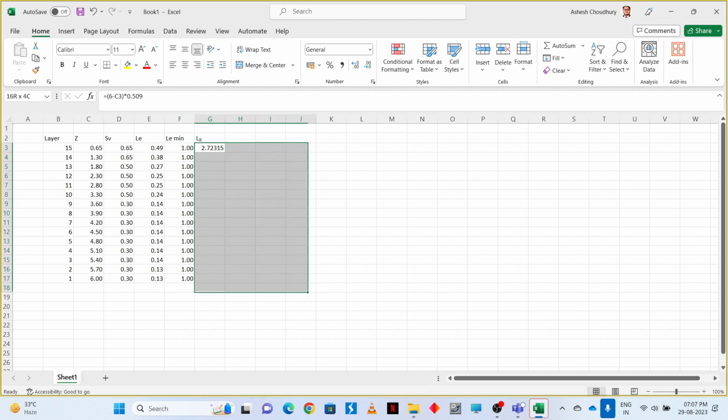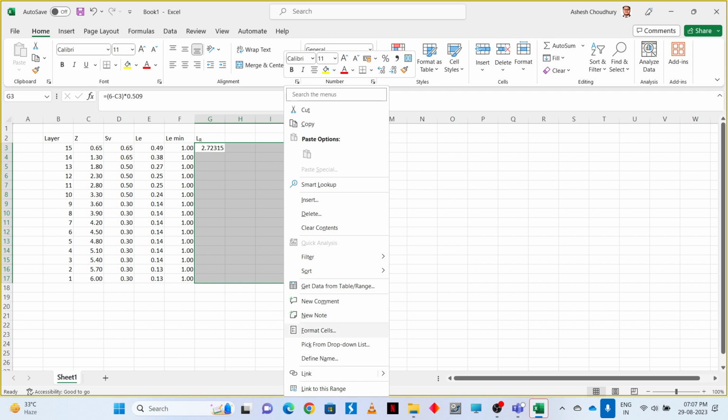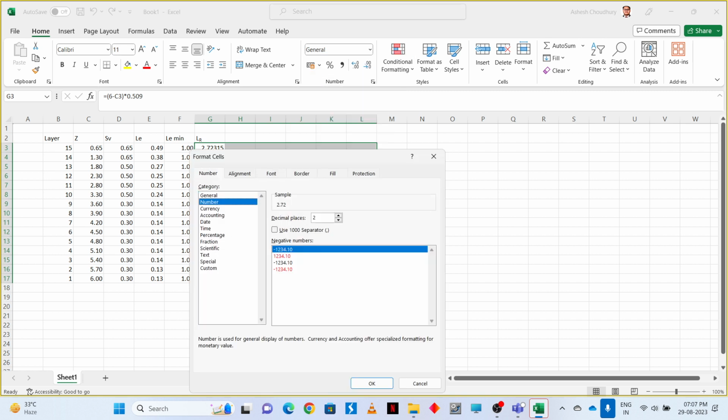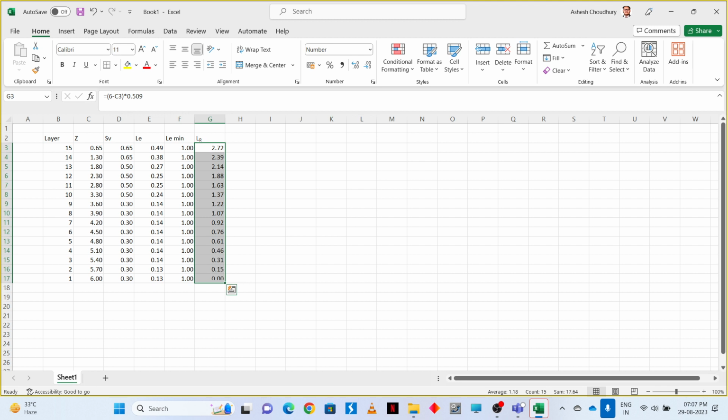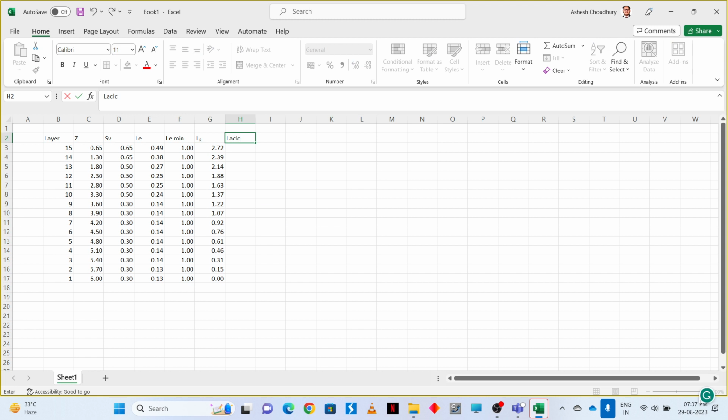So this is the LR. Now L calculated is nothing but LE plus LR. All LEs are less than LE minimum, so minimum we have to provide. So we will be doing LR plus LE minimum. So these are the calculated L's.